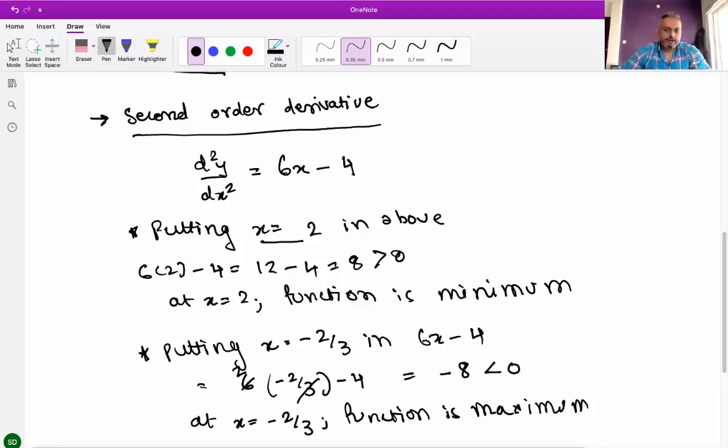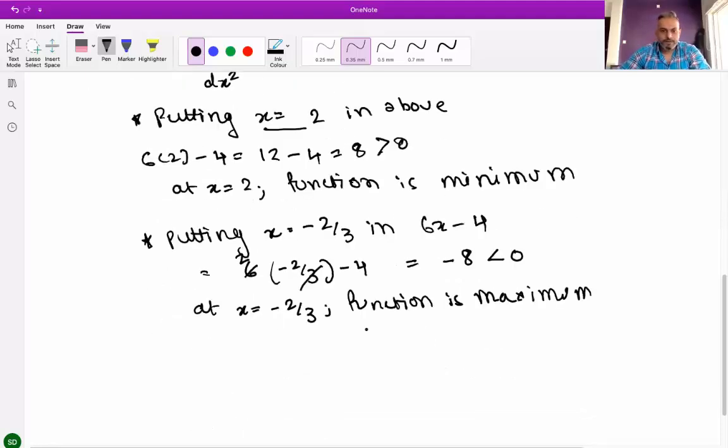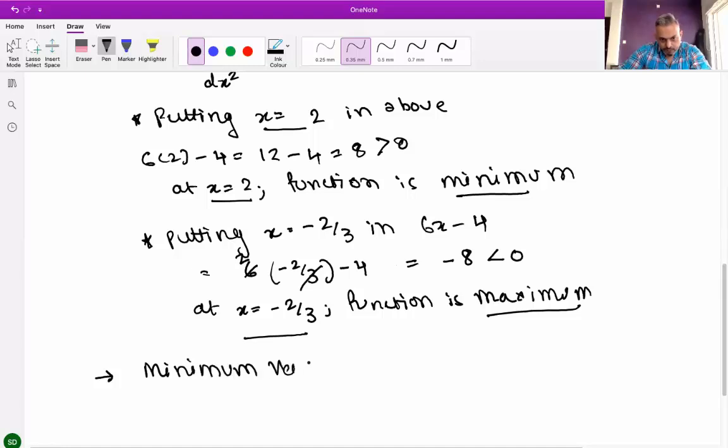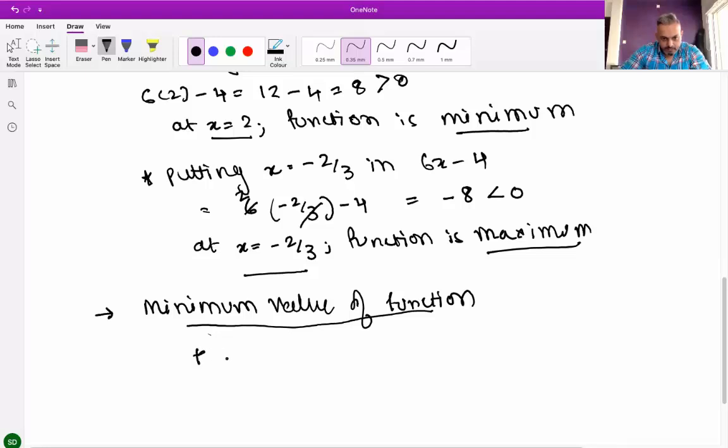Now we will have to find the minimum and maximum value. Now we know that at x is equal to 2, function is minimum, and at x is equal to minus 2 by 3, function is maximum. So we find out first the minimum value of the function, taking x is equal to 2. So y is equal to x cube minus 2x square minus 4x minus 1.